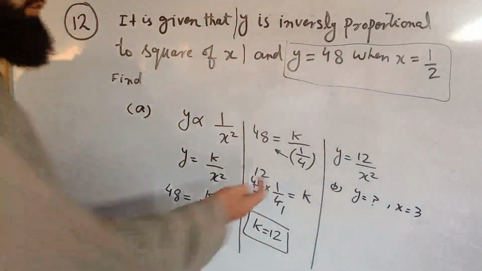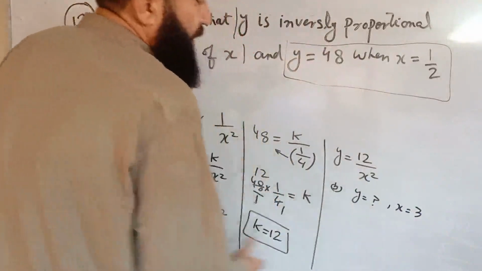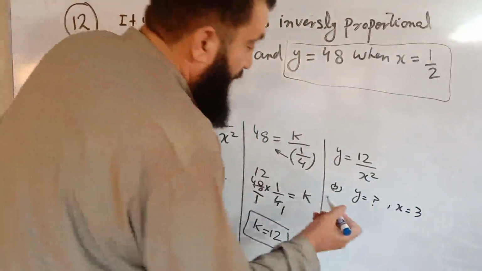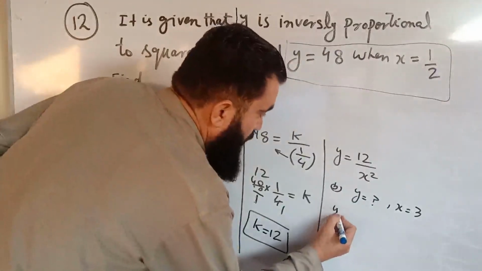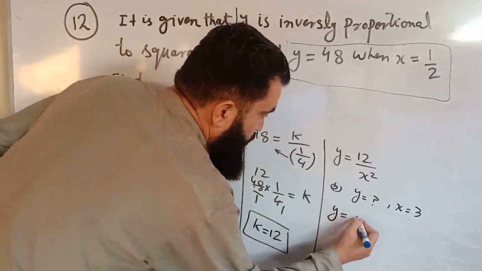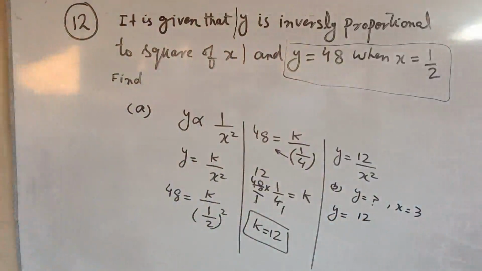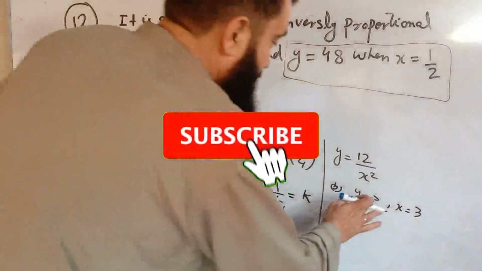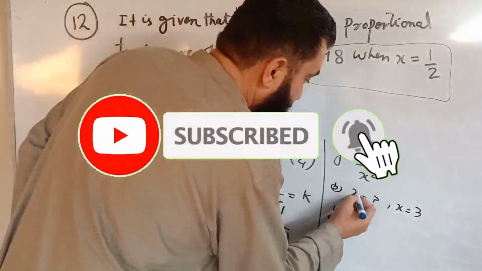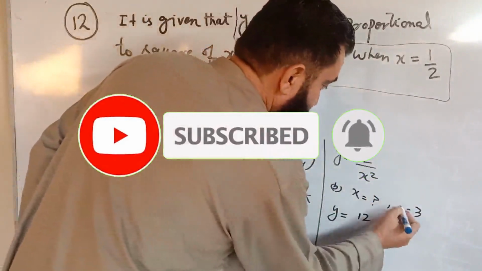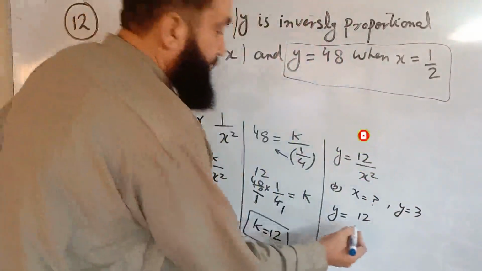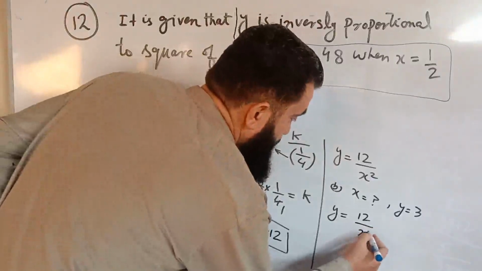We will use this formula to solve this. We have y is equal to 12/x square. Find the value of x when y is 3. This is the question. We will put the value there.